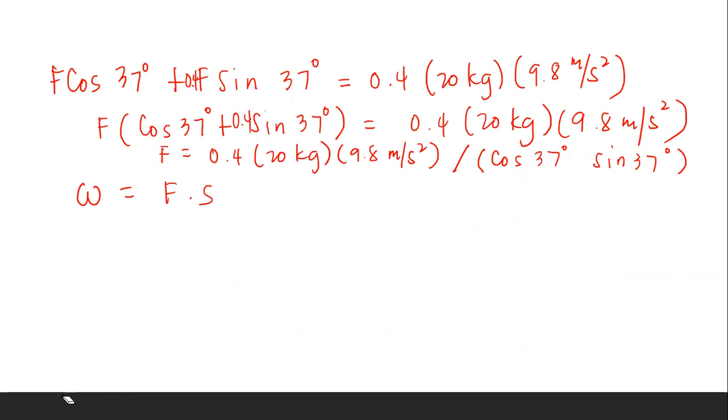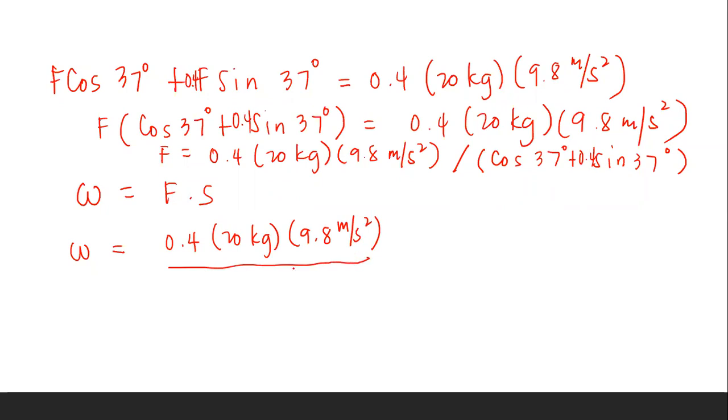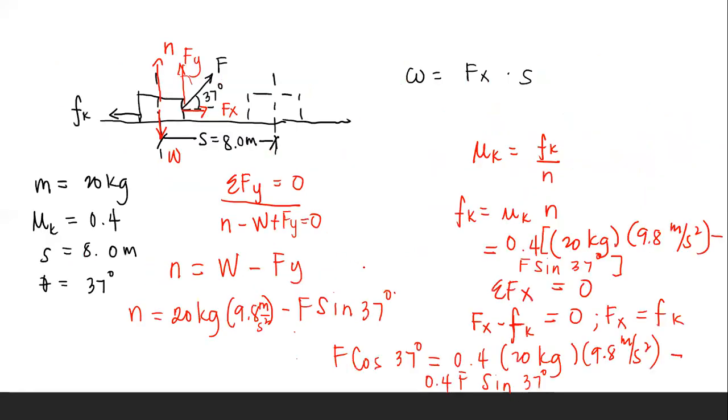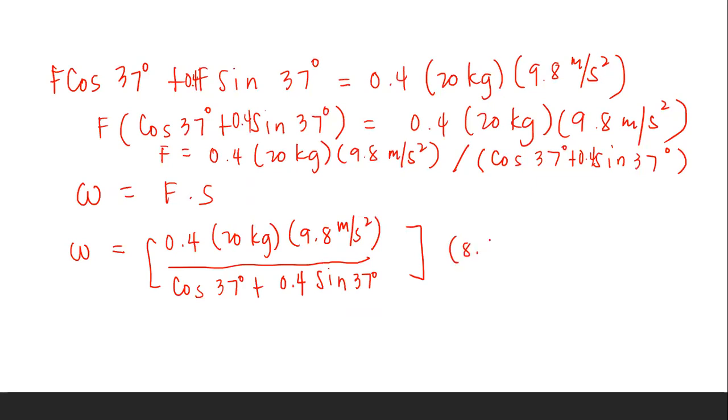Be careful with that. Work is equal to 0.4 times 20 kilogram times 9.8 meter per second squared divided by cosine 37 degrees plus 0.4 sine 37 degrees times S, which is 8 meters.